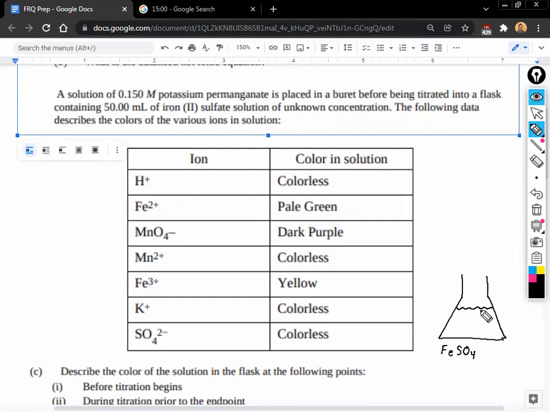So what are the ions that are present inside of this solution? There's some ions. FeSO4 is ionic, so it breaks down into its ions. So what ions does FeSO4 break down into? Yeah, Fe2+, and then SO4 2-. Good.